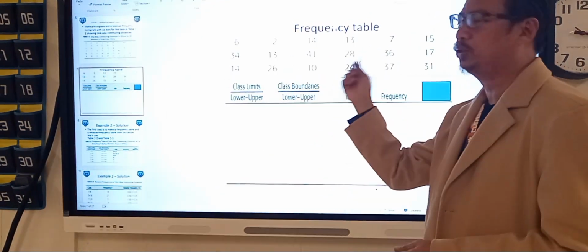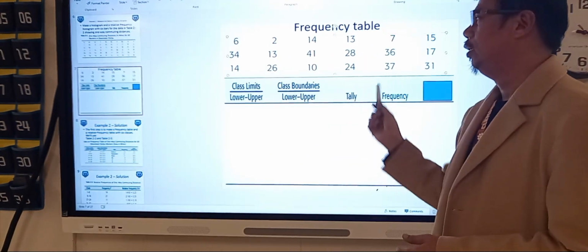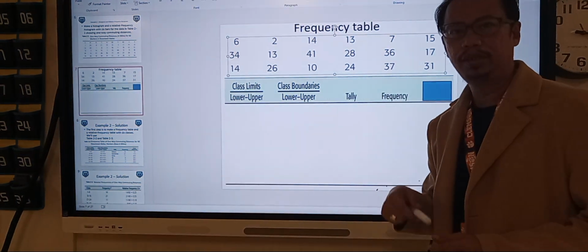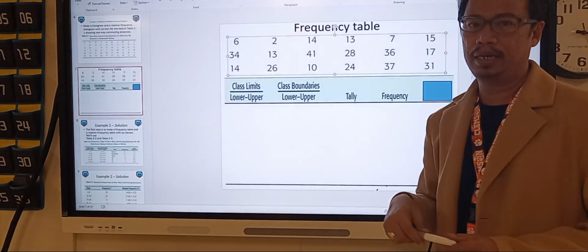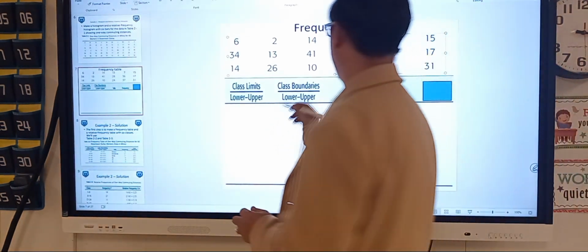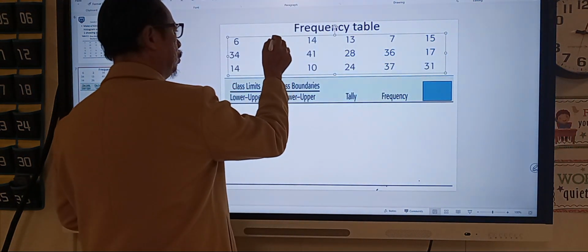So you have your raw score. The first step that you're going to do is to look for the lowest value. Our lowest value here is 2.